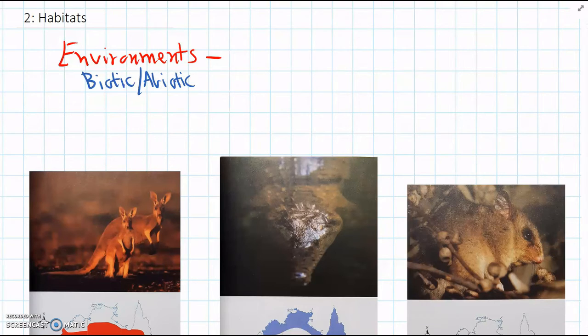But now we're going to look at what is a habitat, which is similar to an environment, but it's the part of the environment where an organism lives in particular.